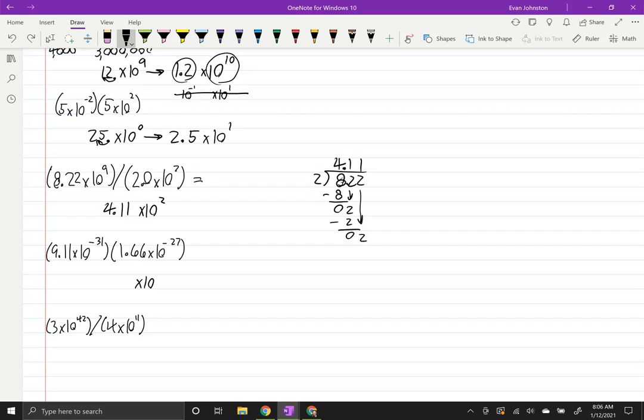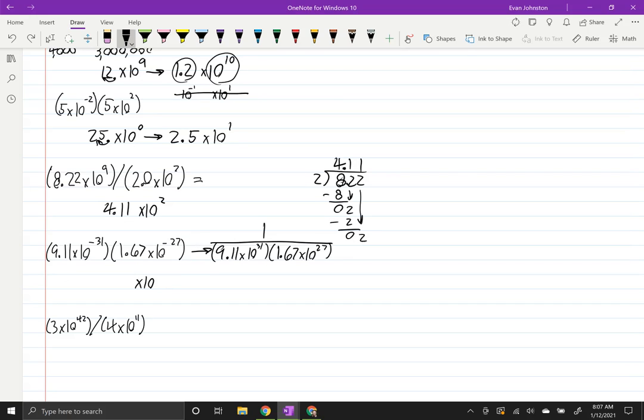I know that sounds weird, but this entire value we could rewrite as 1 divided by 9.11 times 10 to the 31, and then 1.67 times 10 to the negative 27, the mass of a proton again, and it's positive 27 now. So really, having a negative here means it's in the denominator of the fraction itself, but oftentimes it's just easier to deal with it like this.